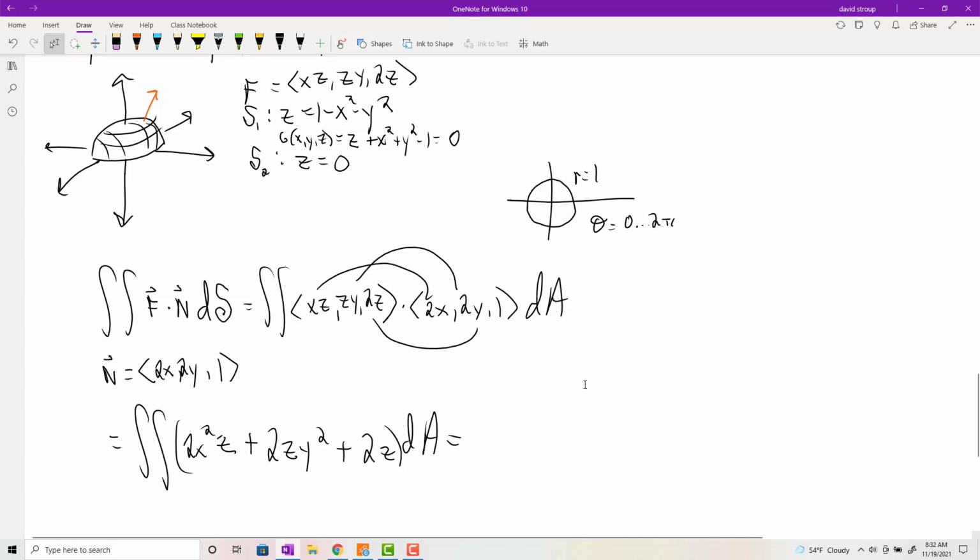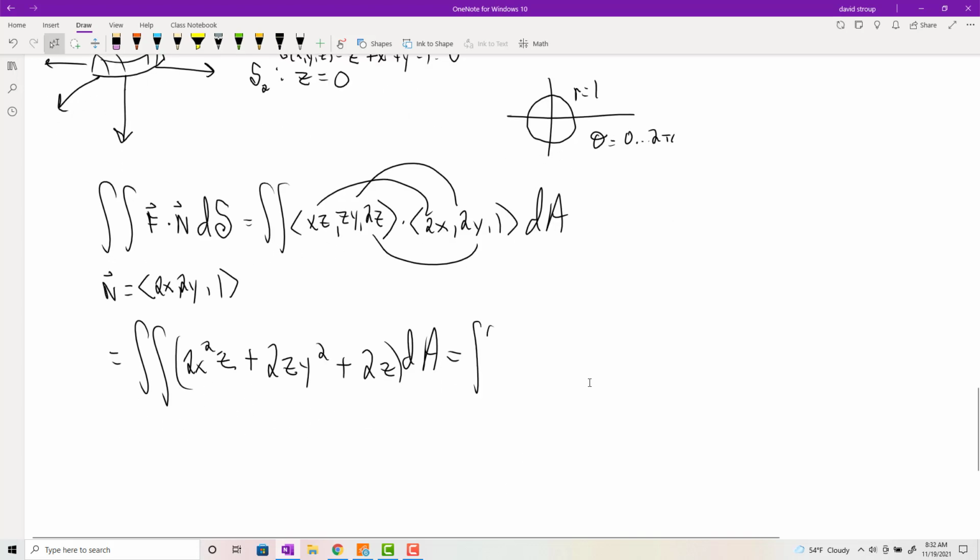Okay, so my double integral will become 0 to 1, 0 to 2 pi. So how do I want to do this? I think it'd be easier here to factor out the 2z.